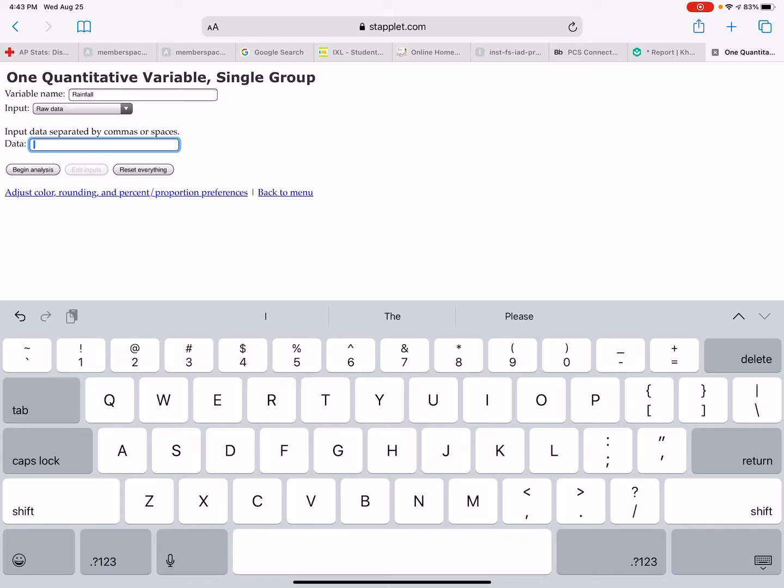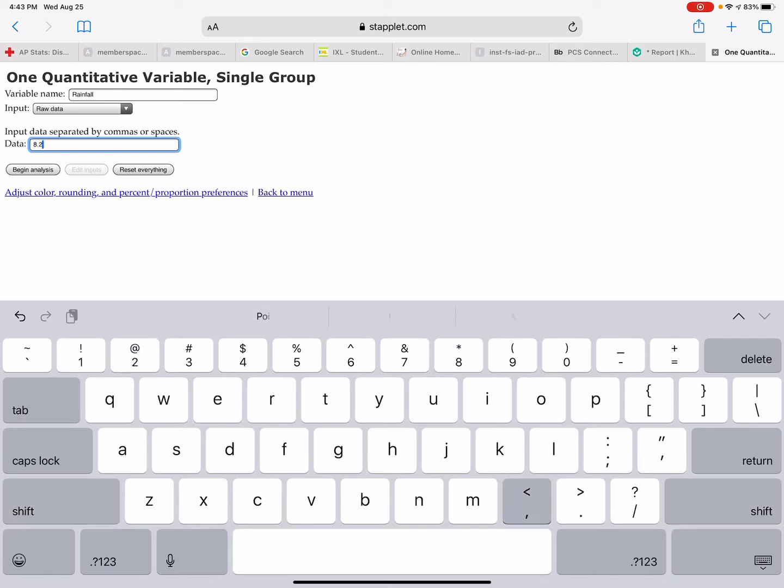And we can put in our values here. So 8.2, 10.3, 33.5, 39.1, 40.5, 41.9, 42.4, 44.9, 53.7.